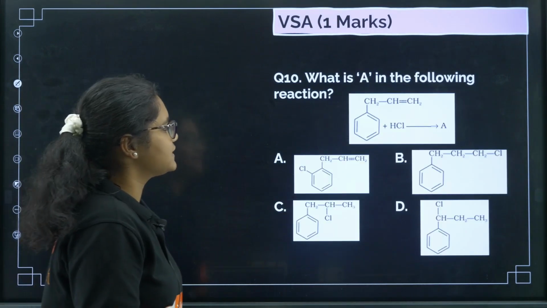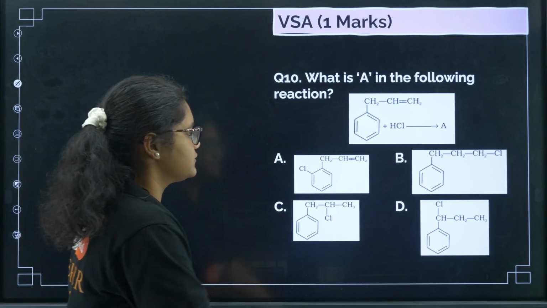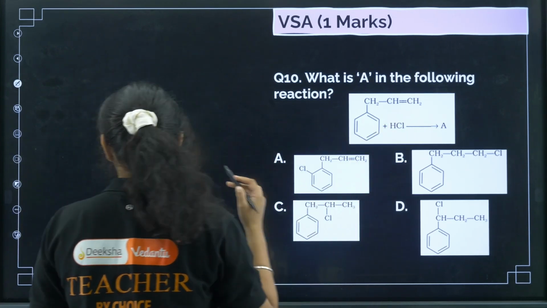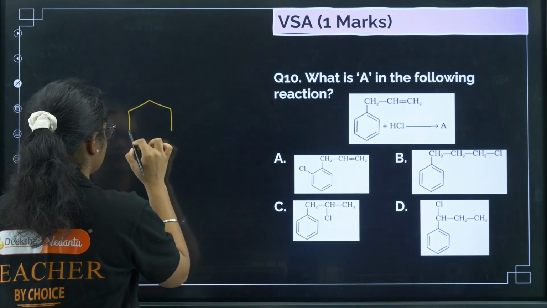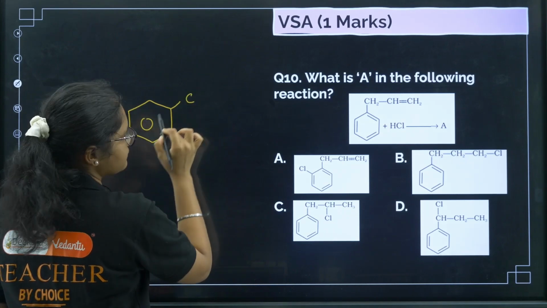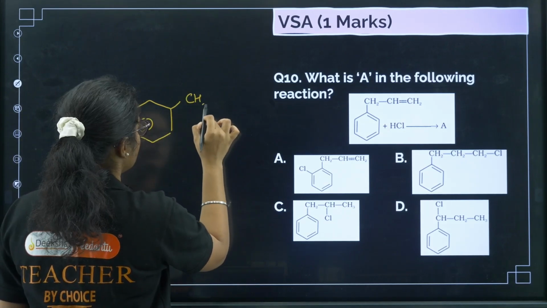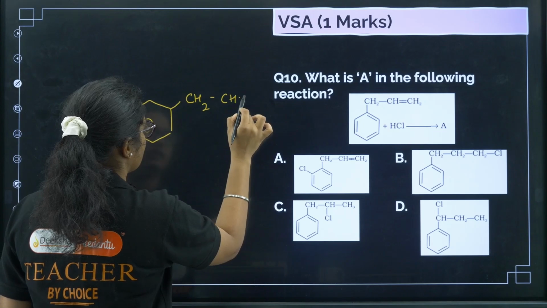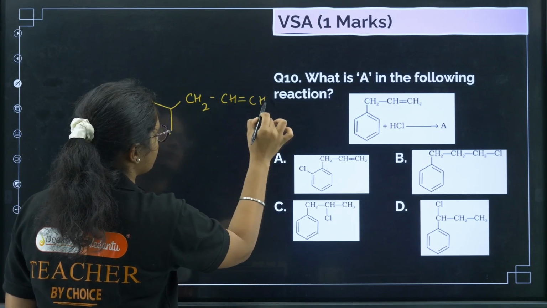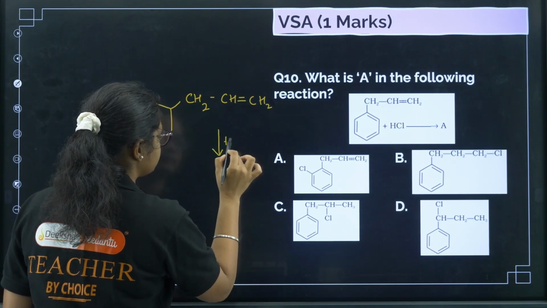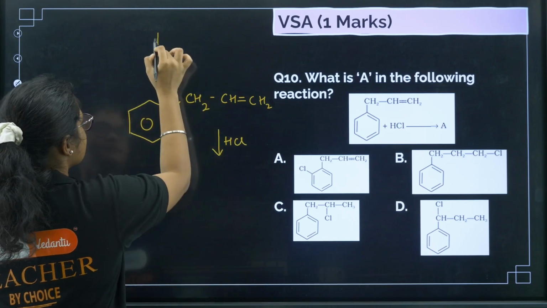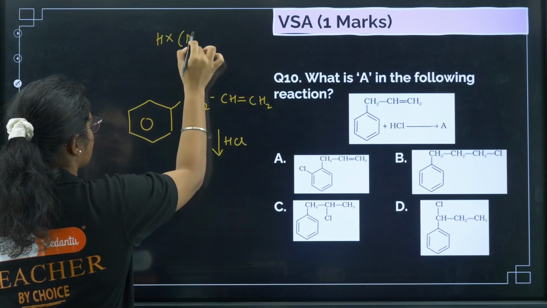Next, what is A in the following reaction? So this is the addition of HCl to the double bond. So if you see here, we have CH2 CH double bond CH2. Now when you add HCl, addition of HX follows Markovnikov's rule.